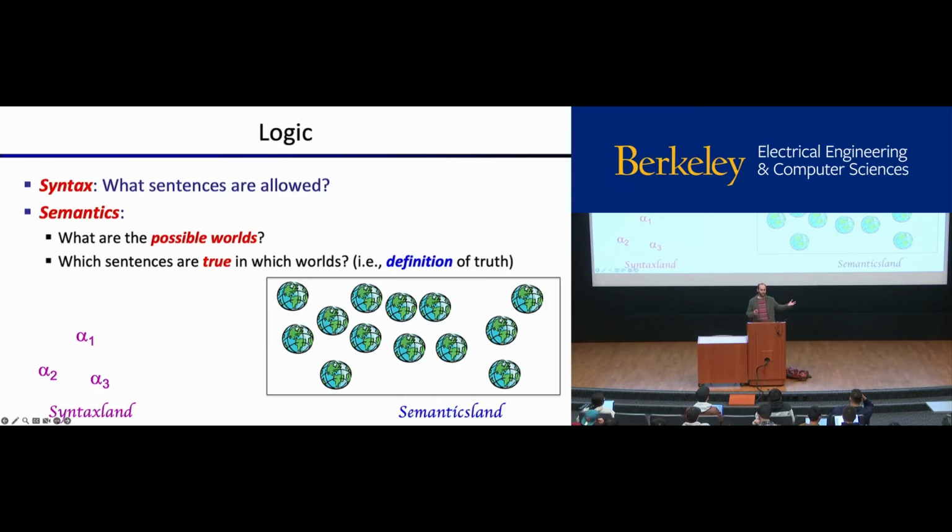So we have sentences, possible worlds, and then a notion of truth or falsehood. And I'll have to explain to you the function that takes a sentence and a possible world, and then once you're equipped with that, you can decide which sentences are true in which possible worlds, and then which sentences entail other sentences. And I'll get to what that means in a second.